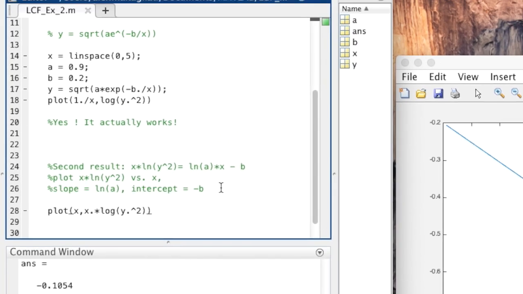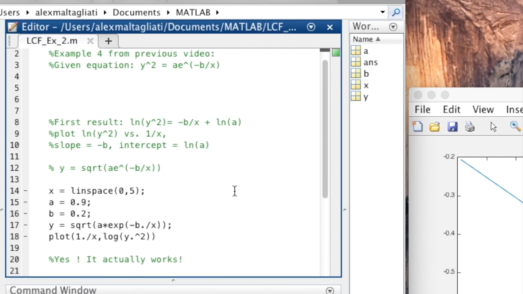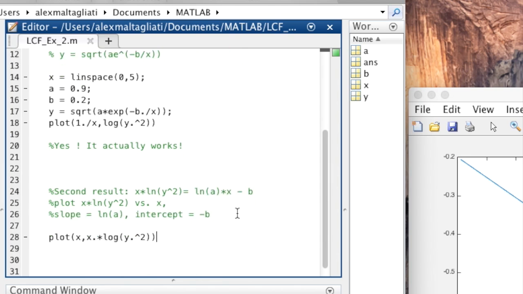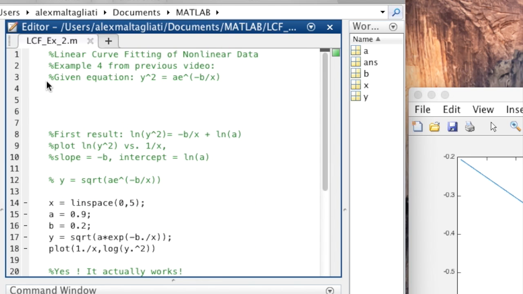So what have we done here? We have not only verified that MATLAB can be used to check linear curve fitting of nonlinear data, but we have also shown that you can be given a general equation and you can manipulate it more than one way in the y equals mx plus b form.